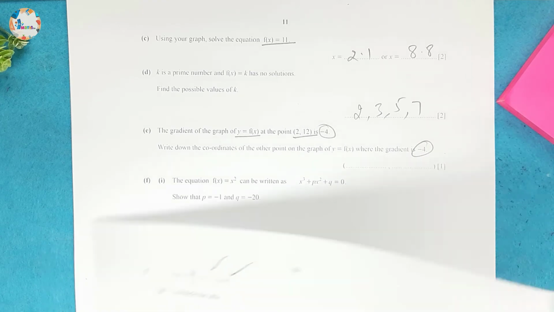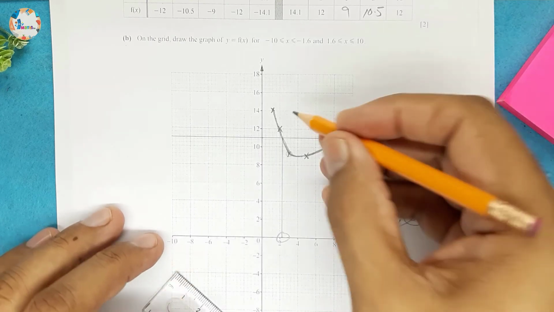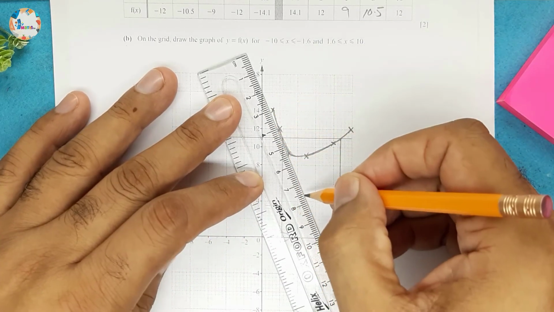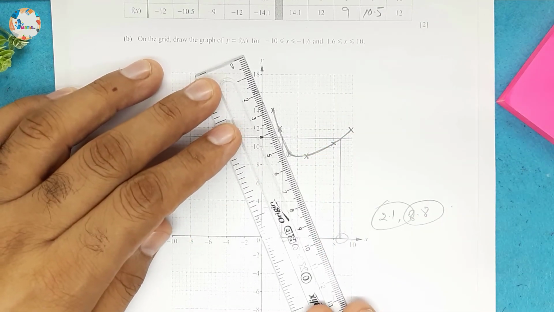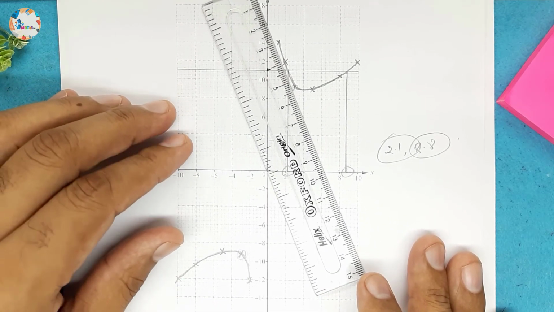So if we check (2, 12), this is the point. They are saying the gradient is minus 4 on this side. For the same gradient, I'll move the page first so now you can see both the curves.